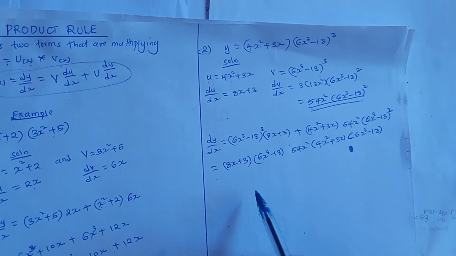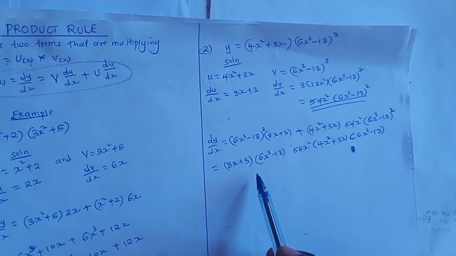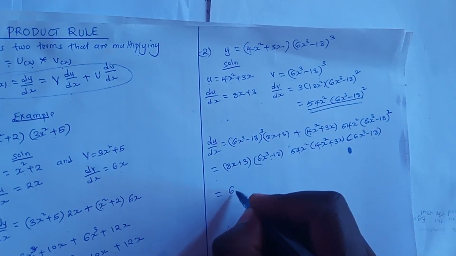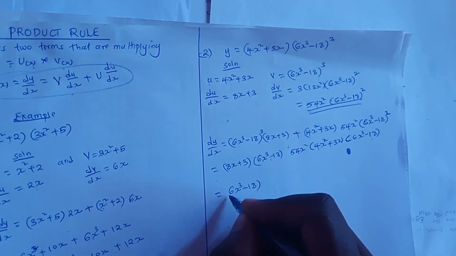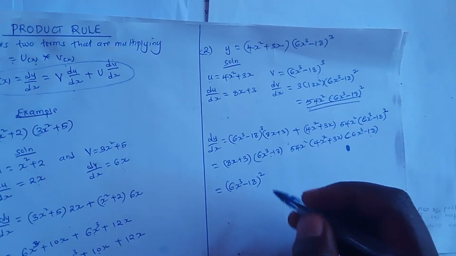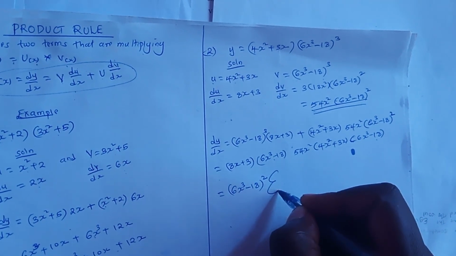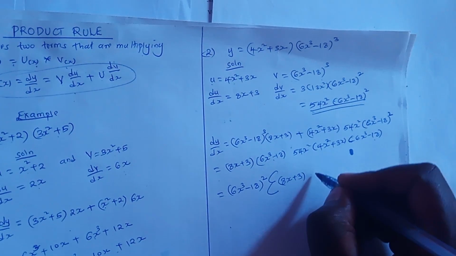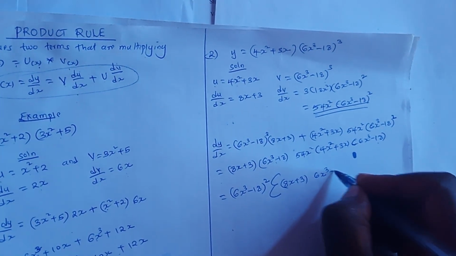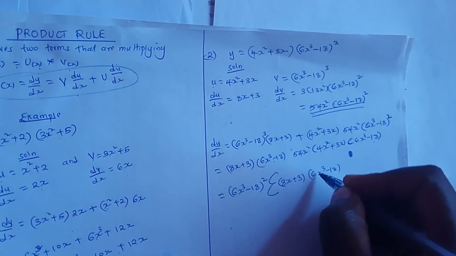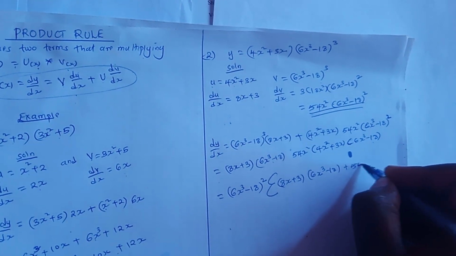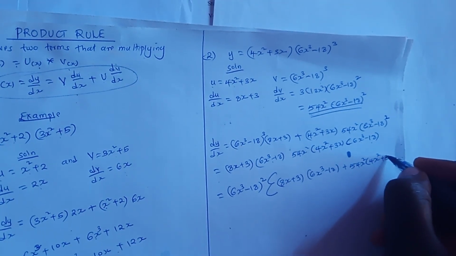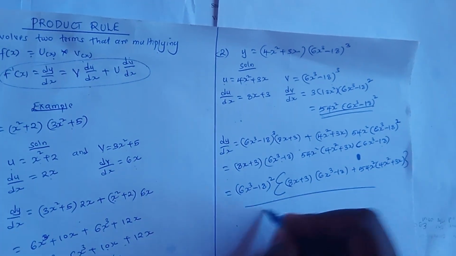So my final answer, because this one and this one resemble each other, is going to be 6x cubic minus 18 all squared, right? Because they are two. Then I reopen the curly bracket. Then I say 8x plus 3, then 6x cubic minus 18, plus 54x squared in bracket 4x squared plus 3x. This becomes my final answer.